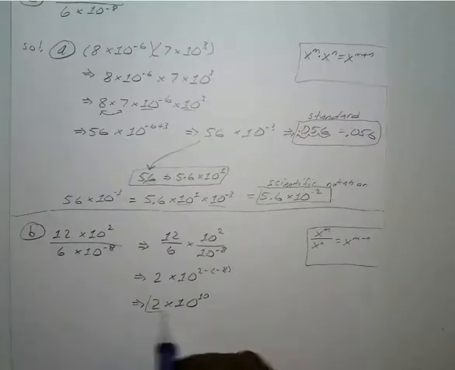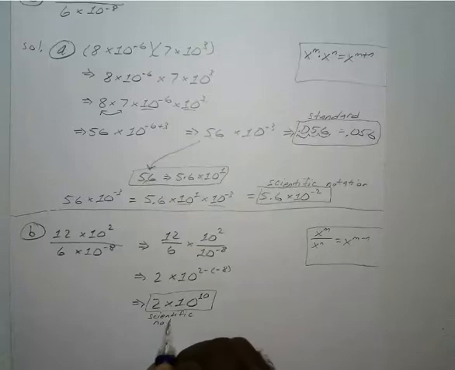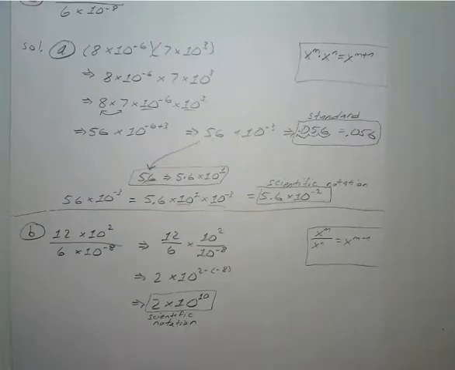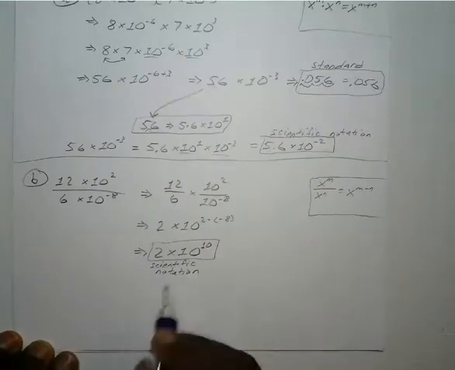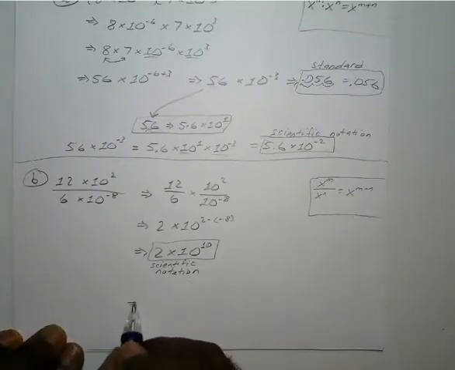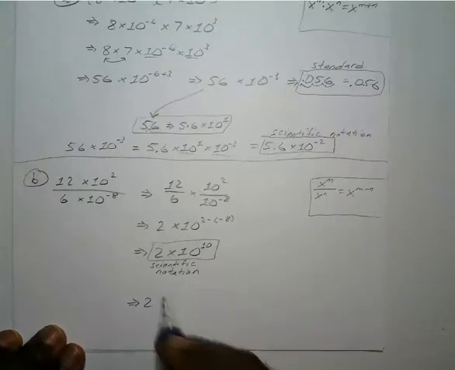Or 2.0 if you wanted to, this is your scientific notation. Now remember, since your exponent is positive, you want to write that in standard form. That's just 2. We're going to move our decimal to the right 10 places.